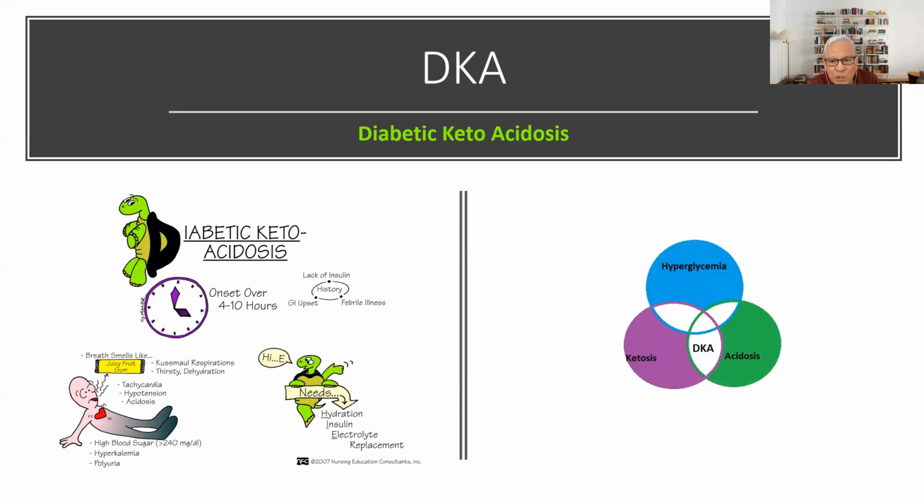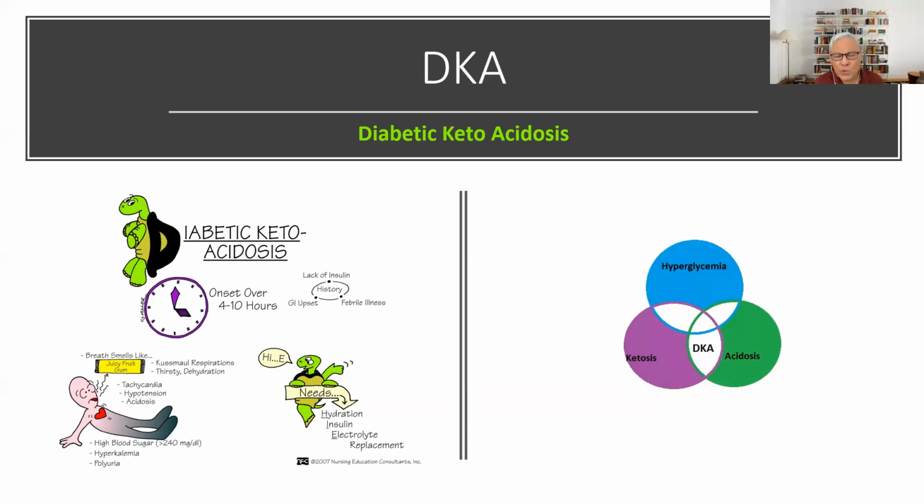This is a major life-threatening complication of diabetes and is characterized by three things: hyperglycemia, which means to say that there's a lot of glucose in the blood; ketoacidosis, which means to say that there's a lot of ketone bodies in the blood as well; and ketonuria, the evidence or the elimination of ketones via the urine.